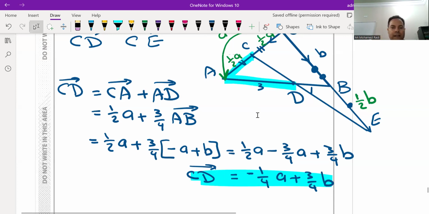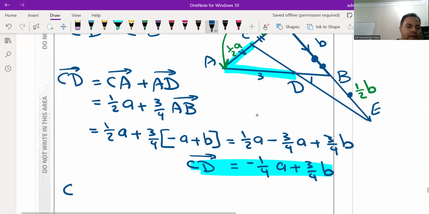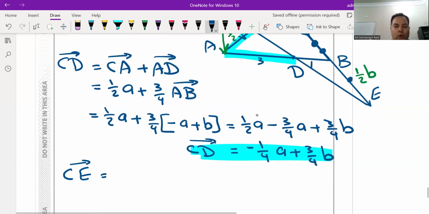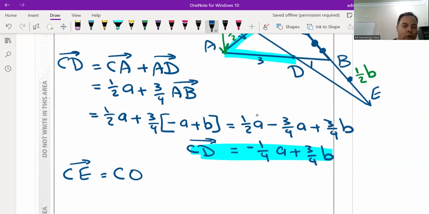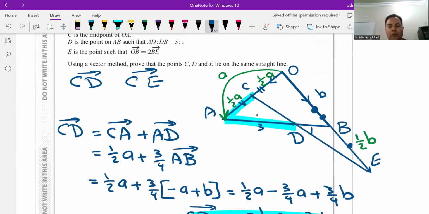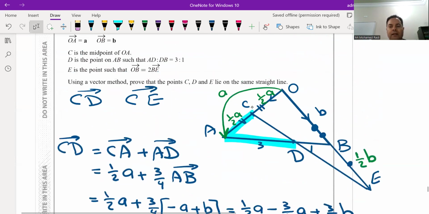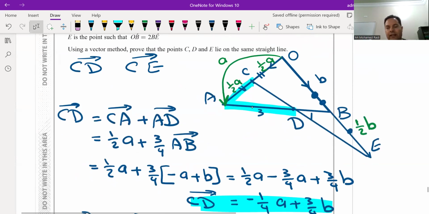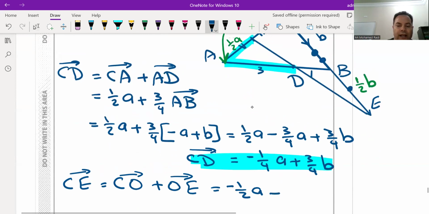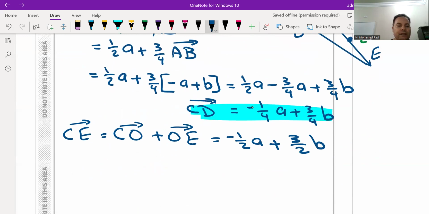Let's now find the CE vector. The CE vector will move from C to O, then from O to E. From C to O is minus half a. O to E is b and half b, which is 3/2 b. This is CE.